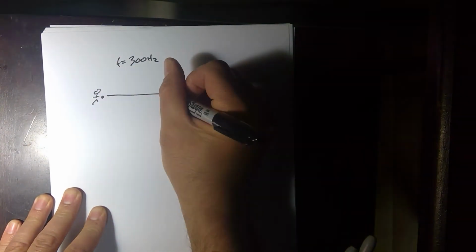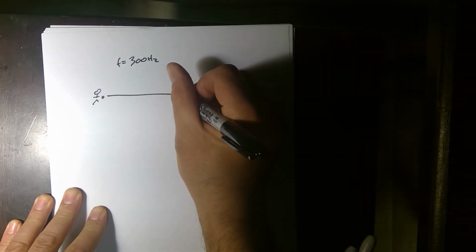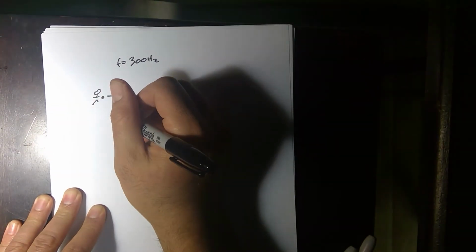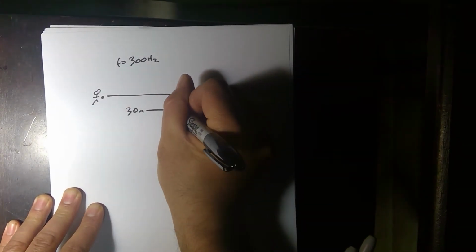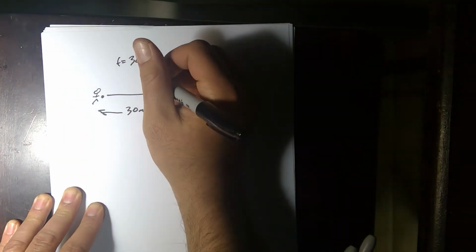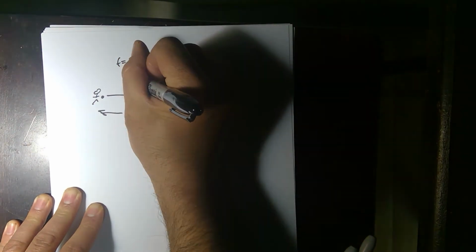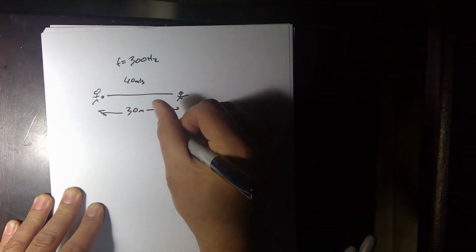Basically, we need to find out how long it takes to get from the pitcher who throws it all the way to the catcher who's waiting for the ball. I think we're given a linear distance there of 30 meters between here and here, and we're told that he threw it at 40 meters per second. So let's go back to motion in 1D.